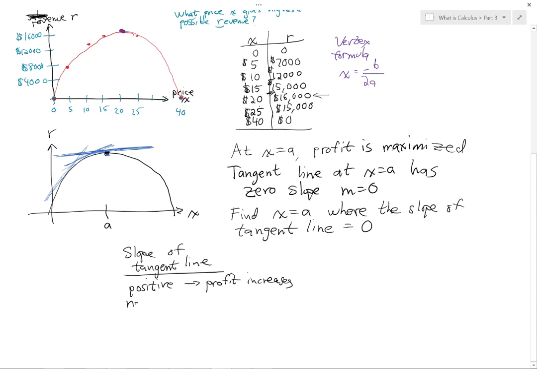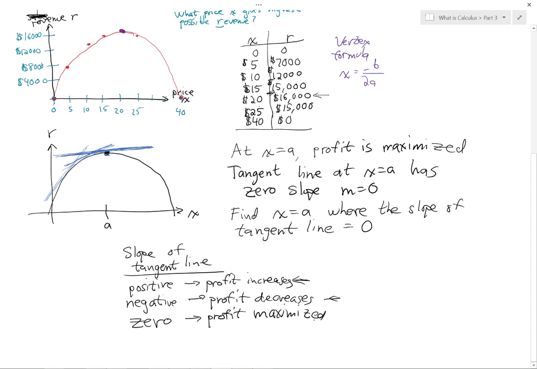If the slope is negative, then the profit is decreasing. But at zero itself, it's a transition between increasing and decreasing. So if it increases until it can't increase anymore, then it starts to decrease. That's what we want to zero in on. No pun intended. So that's our goal.